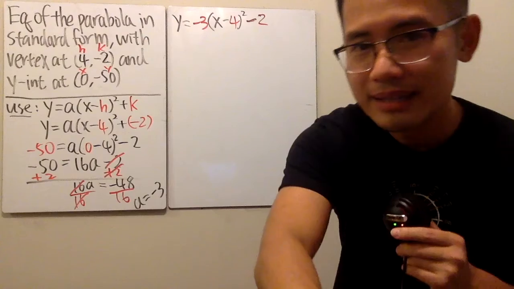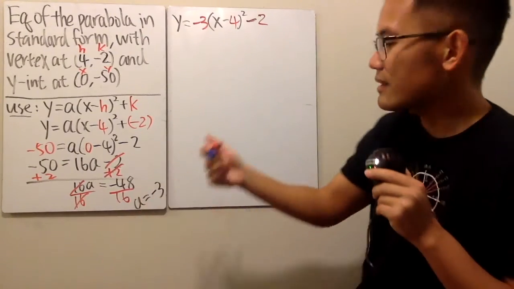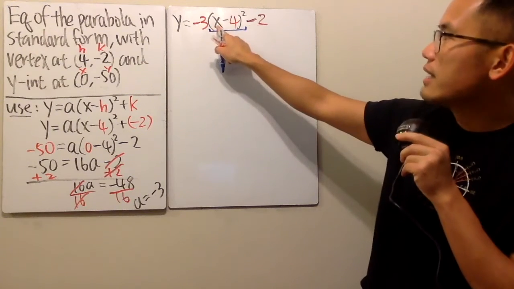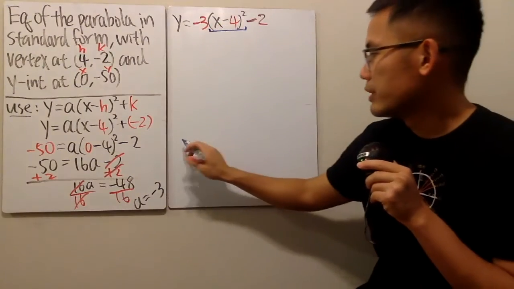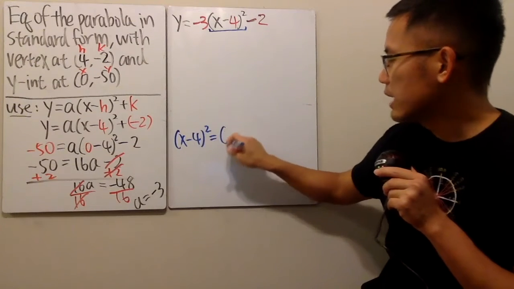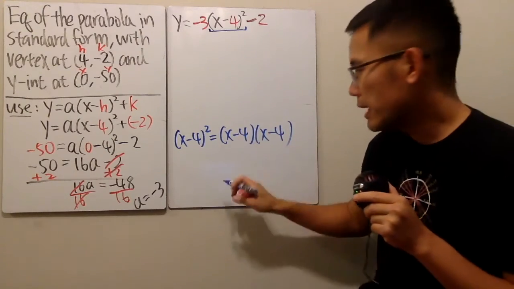Now, this is how we are going to multiply this out. Have a look. Let's go ahead and work out the exponent first. This is (x minus 4) squared. Let me just put it down right here for you guys. (x minus 4) squared means (x minus 4) times (x minus 4). Yep. Multiply this out.